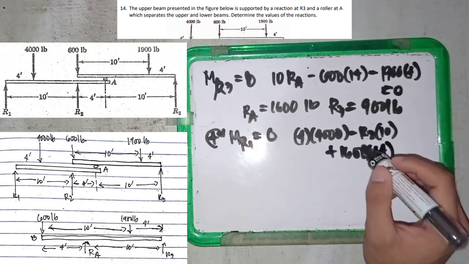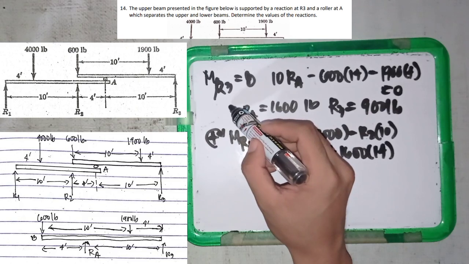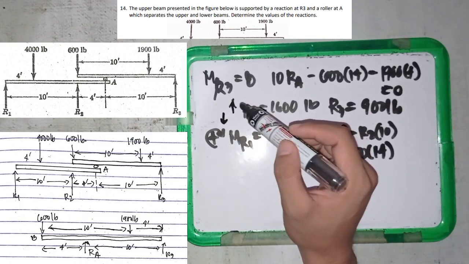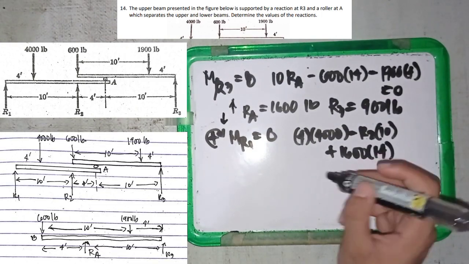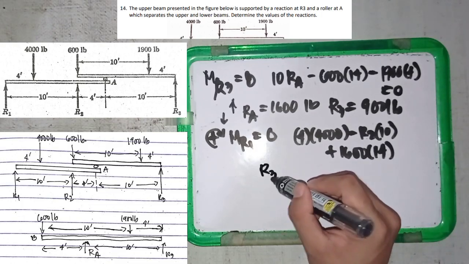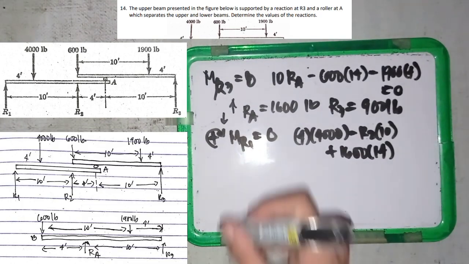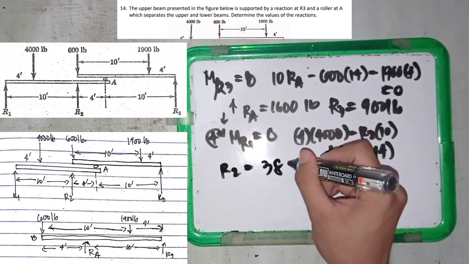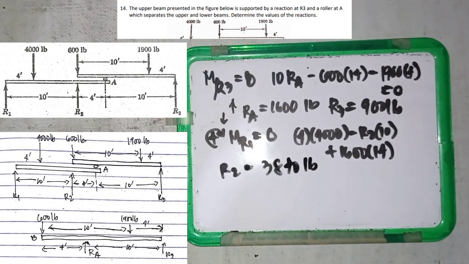This is going down from its reaction: RA points up in the upper beam, and goes down in the lower beam. If we solve this, we can isolate the reaction R2. So force R2 is equal to 3,840 pounds.